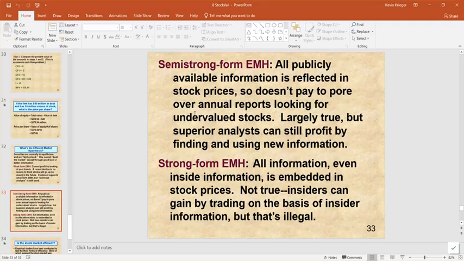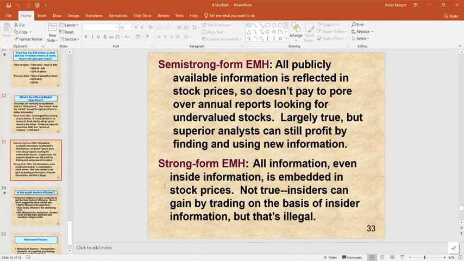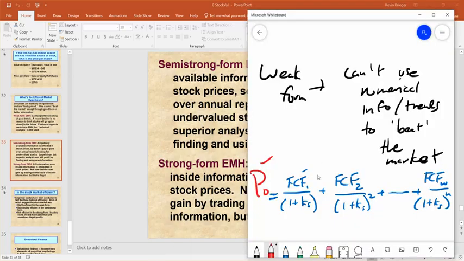The extreme version of the efficient market hypothesis is the strong form efficient market hypothesis, which states that even if I have inside information about a stock, all information that's out there is immediately priced into the future free cash flow estimates. Not just publicly available information gets immediately updated in these and therefore reflected in the price.